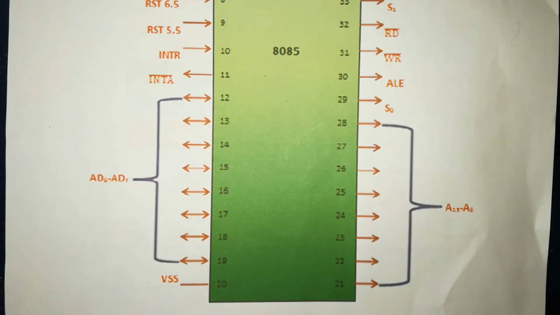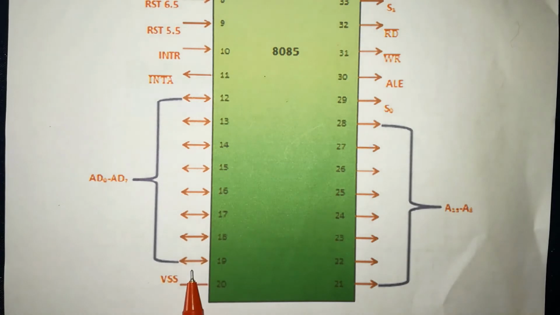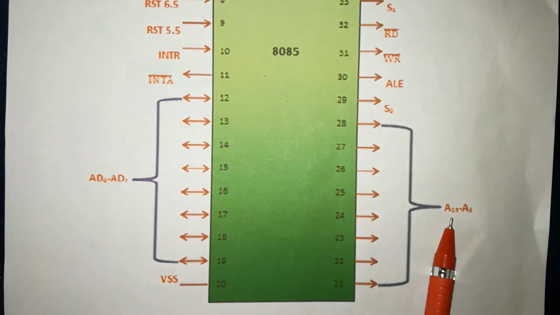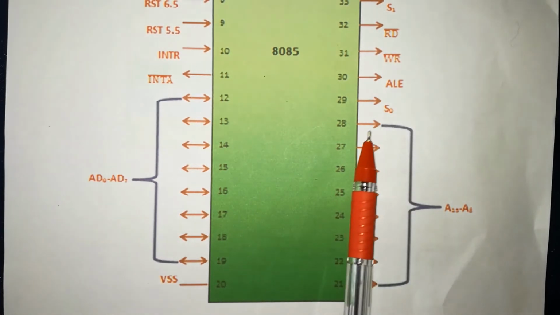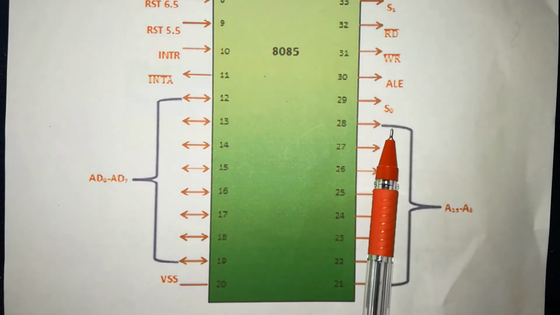In 8085 microprocessor, total 8 bit of data bus and 16 bit of address bus is there. 16 bit means from 0 to 15 and data bus is from 0 to 7, that is of 8 bits. Here address and data multiplex bus are there, that means from 0 to 7, and here only address bus is there, from pin number 21 to 28. That means address will be carried on this bus.